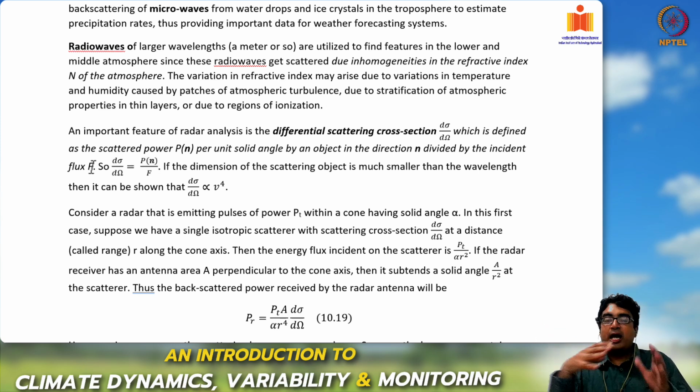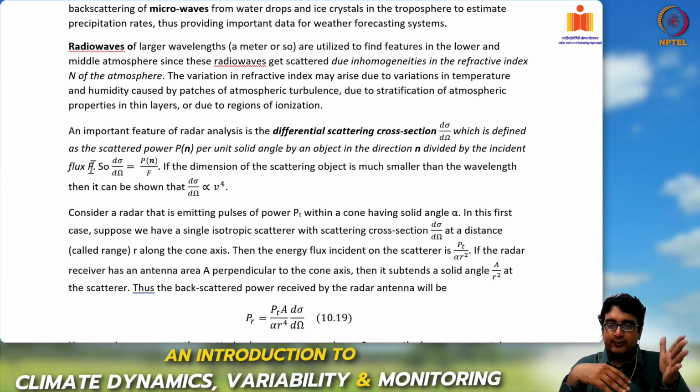Suppose you have a particle or an inhomogeneity in the atmosphere. There is an incident flux of radiation F coming to this particle or inhomogeneity, and a part of it is scattered back. The amount that is scattered back in the direction n over a unit solid angle omega is the differential scattering cross section.